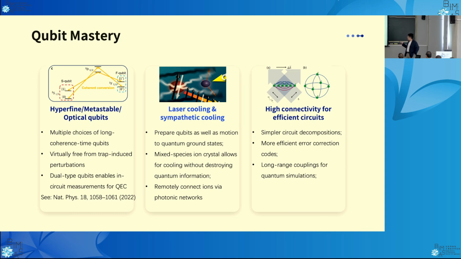And they can, in fact, be sympathetically cooled. What that means is that you can use a different ion species to use the Coulomb interaction between them to make them cool together. And this is good for certain readout tasks as needed for quantum error correction.